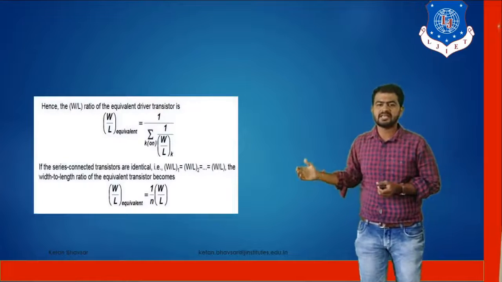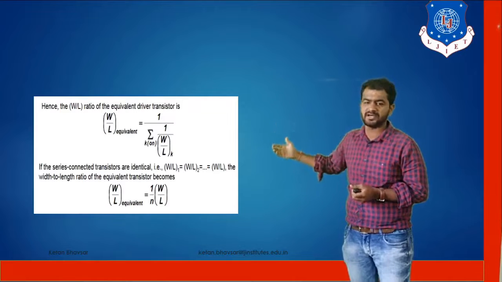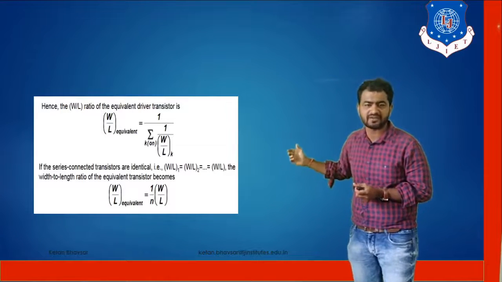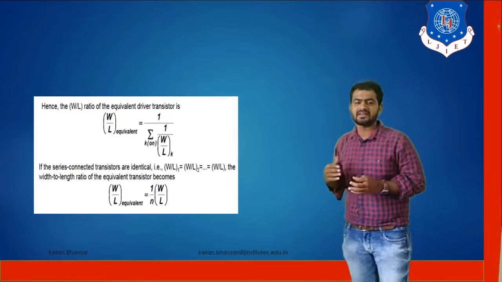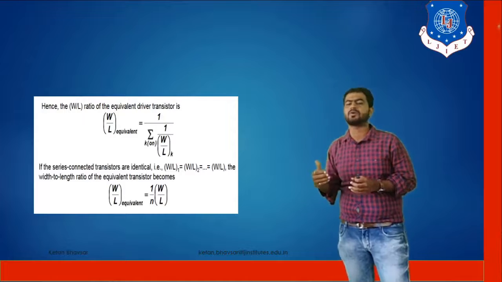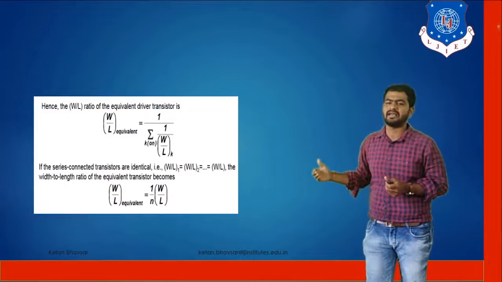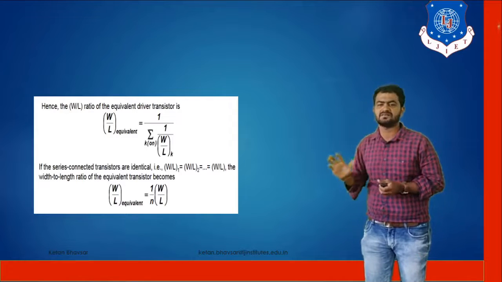So, as you can see, the W/L ratio of the equivalent driver transistor is W/L equivalent equal to 1 divided by the summation of 1 divided by (W/L)k, and this series of transistors behaves in an equivalent manner. So we can directly get the idea with the help of this configuration too.